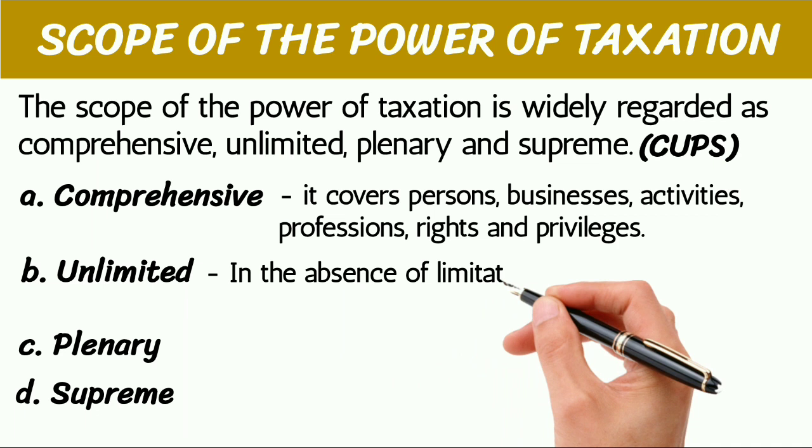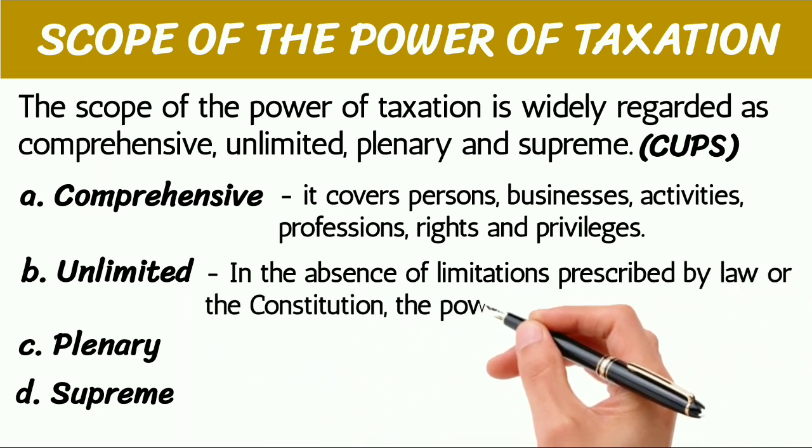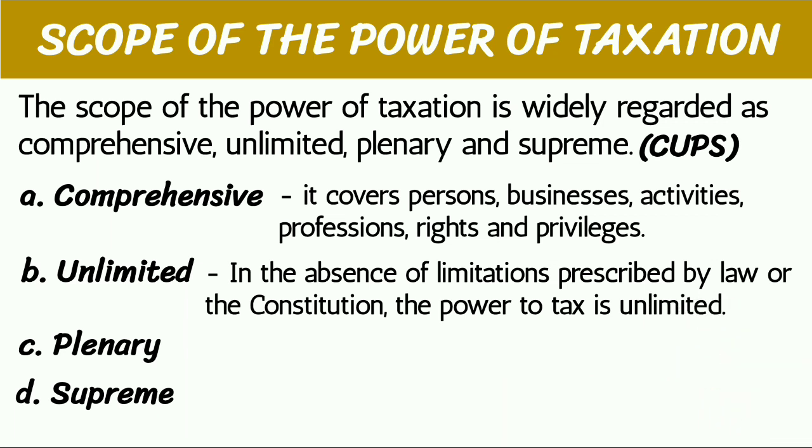In the absence of limitations prescribed by law or the Constitution, the power to tax is unlimited. Unlimited in the sense na basta may law na nagsasabing pwedeng patawan ng tax ang isang tao o bagay, papatawan talaga ng taxes. That's why, di ba, as to amount imposed, unlimited ang amount na ini-impose sa power of taxation.